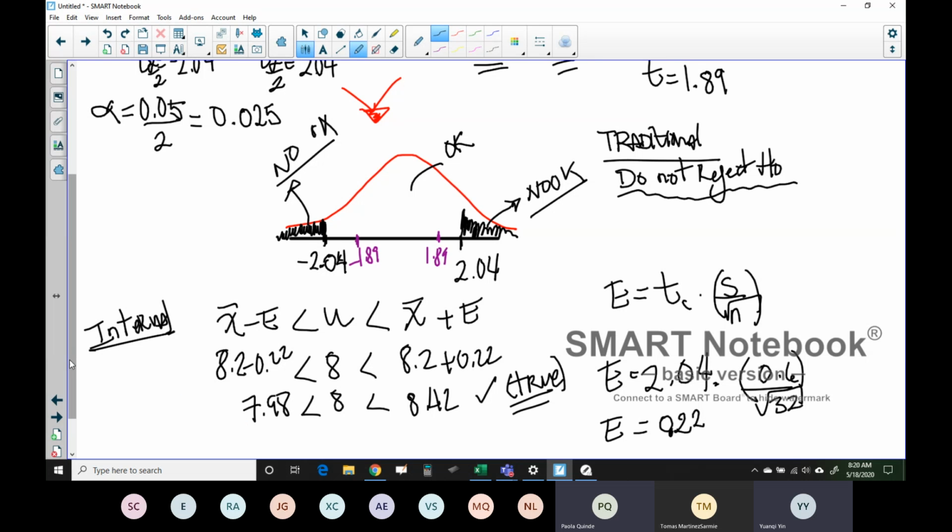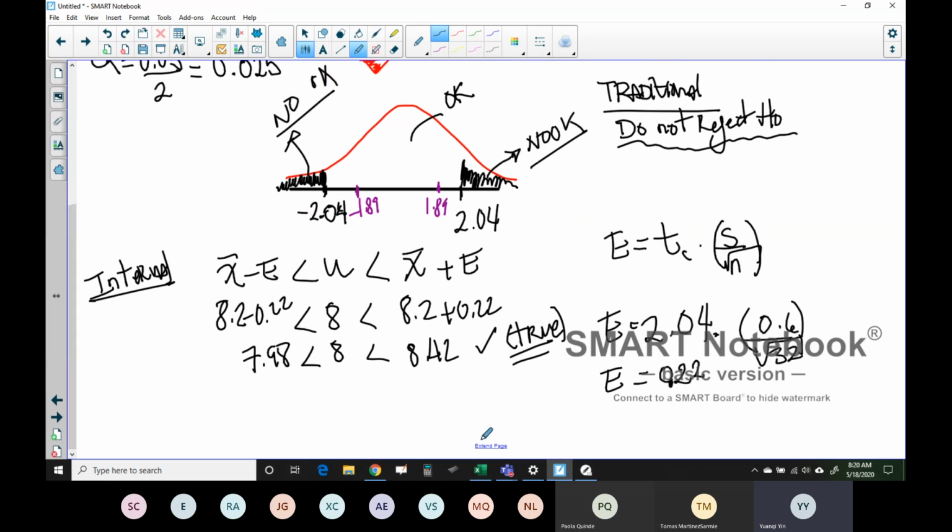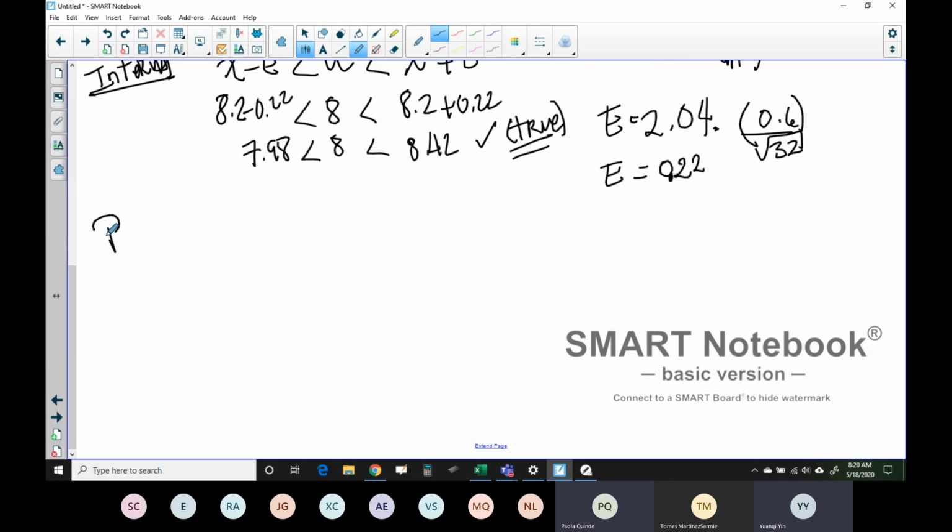Okay, one more method. What was the other method? We have the p-value method. In the p-value method, we compare alpha to the p-value.